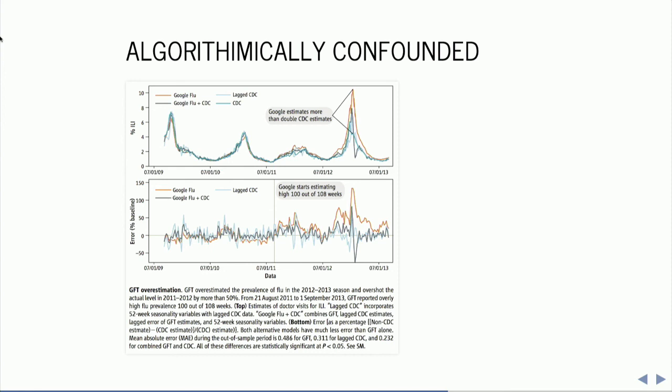And then in this blue line here is the estimate from the Centers for Disease Control, which is the body of the US government responsible for tracking disease, right? And then we have some lags in here too. And what we see is for 2 years, there's really great tracking. Google Flu is really just nailing it.